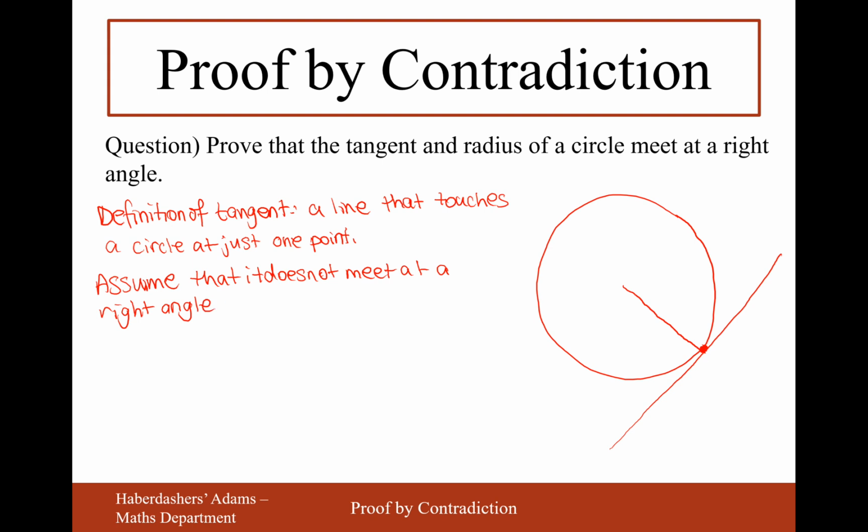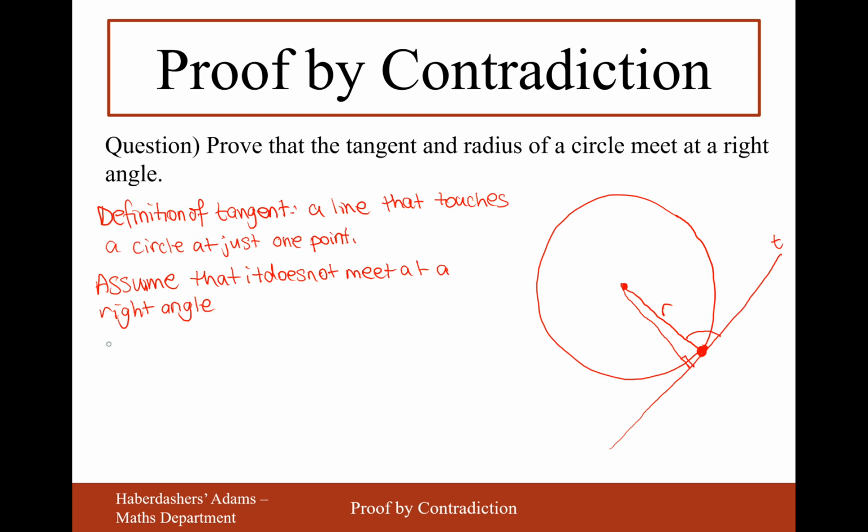Let's assume that it's some different angle that it meets at. So we've got the centre of the circle, the tangent meeting the radius point. This is the radius, this is the tangent. And let's say that this angle here is not a right angle. So let's just say that it's some point further up the line where there is the right angle.